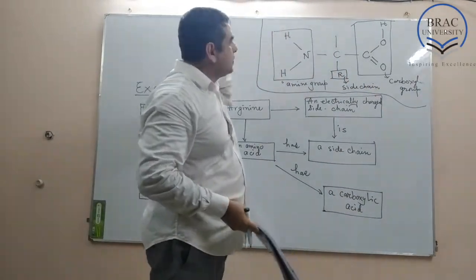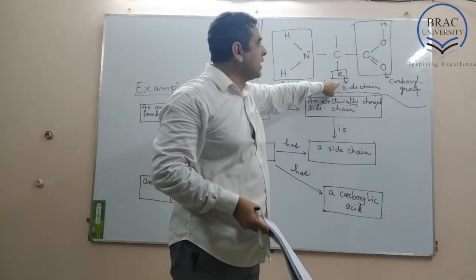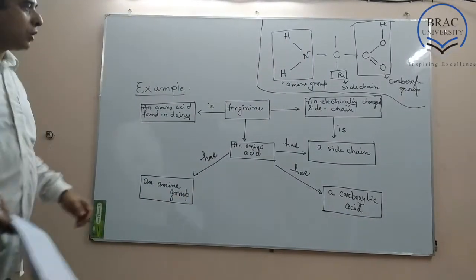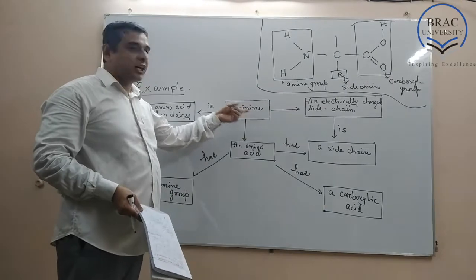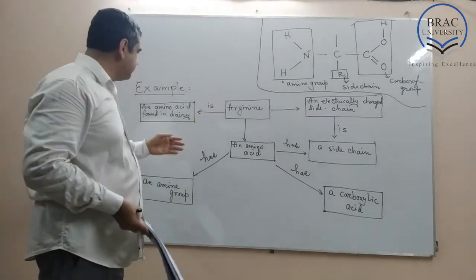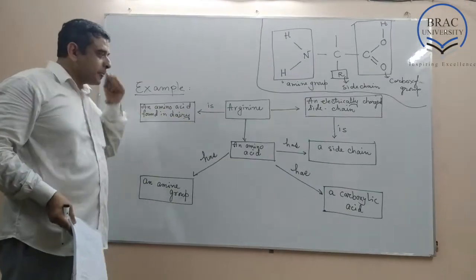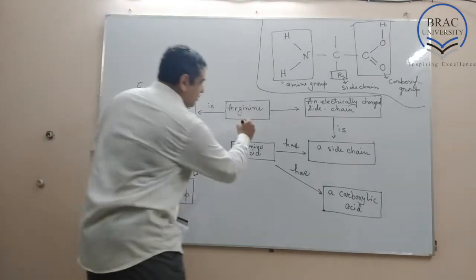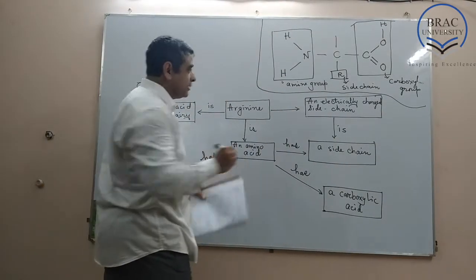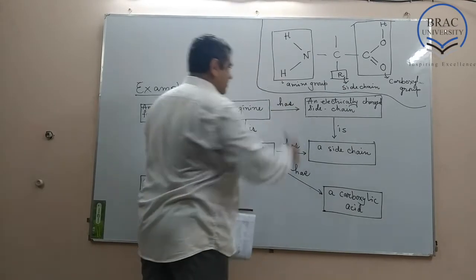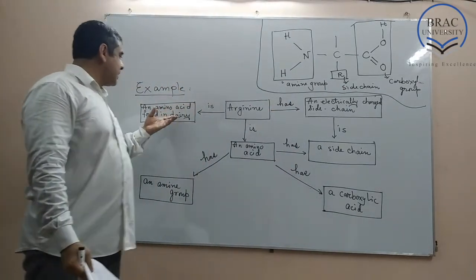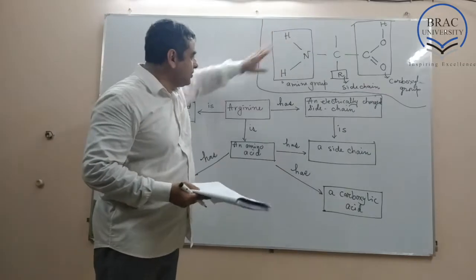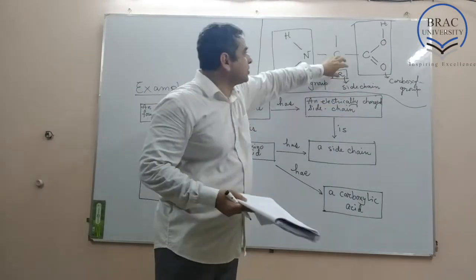It has an amine group, it has a side chain denoted by R here, and this box is the carboxyl group. So now get back to the Olog and see what it says. Arginine is a particular kind of amino acid which is found in dairy, that is right. And okay, I forgot the label of these 2 arrows. Let me write them. This is labeled as "has", and this is labeled as "has". So arginine is an amino acid found in dairy, and arginine, meaning this amino acid, has an electrically charged side chain.